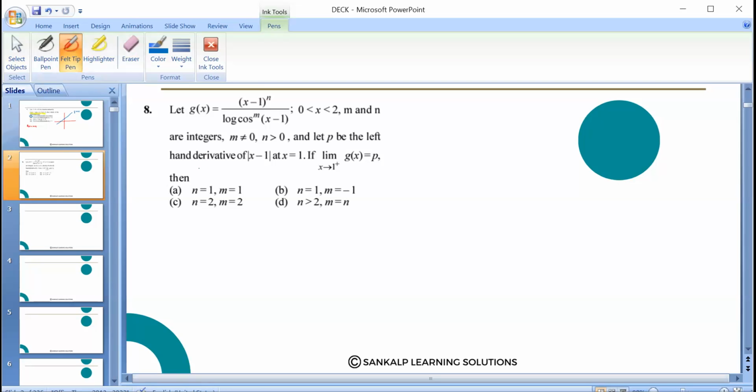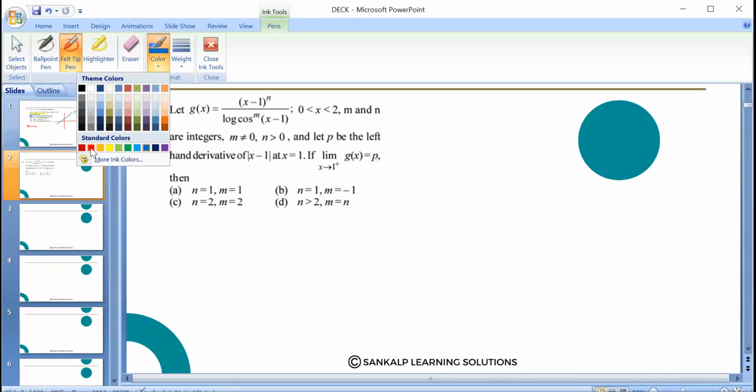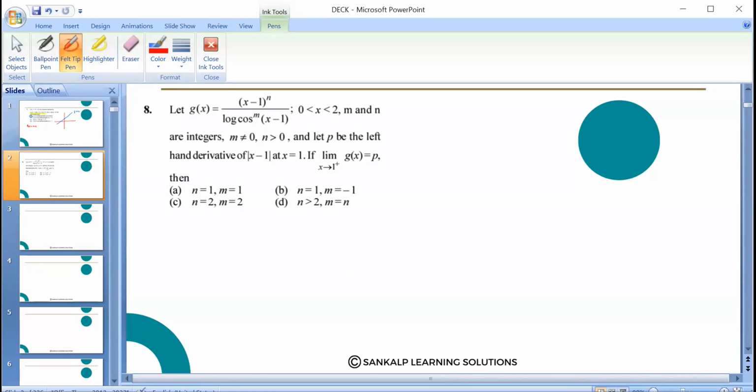X is in between 0 and 2, m is not equal to 0, n is greater than 1, and p be the left hand derivative of mod of x minus 1 at x equal to 1. If limit of p of x as x approaches 1 plus is p, then you have to find the values of m and n.